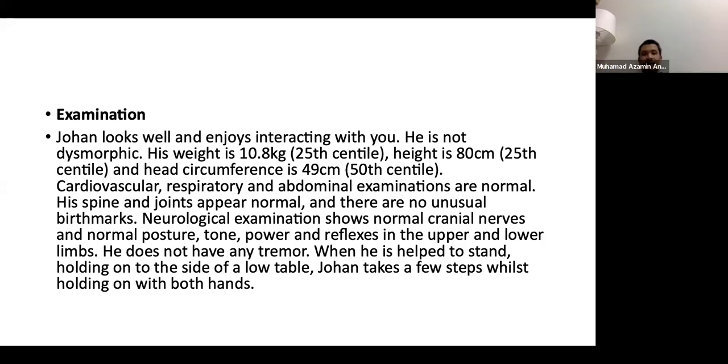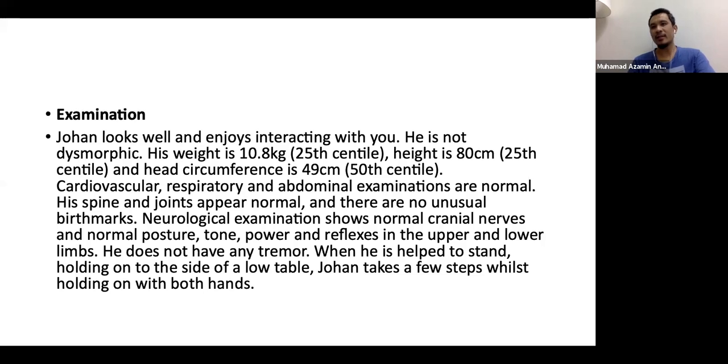So what do you think? You mentioned CNS, neuromuscular, musculoskeletal. I add on metabolic conditions. So in a metabolic condition, what else do you expect to find?